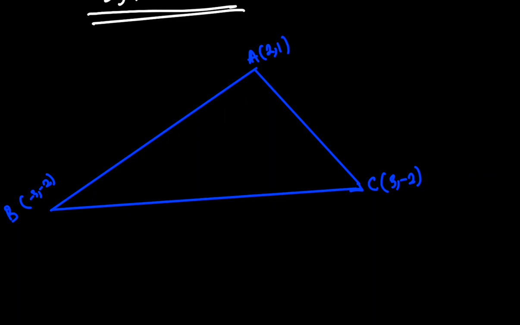M is the midpoint of BC, so let's have M here, midpoint of BC. Then we have N, the midpoint of AC, and let's have our N here. Good, so we've gotten that.